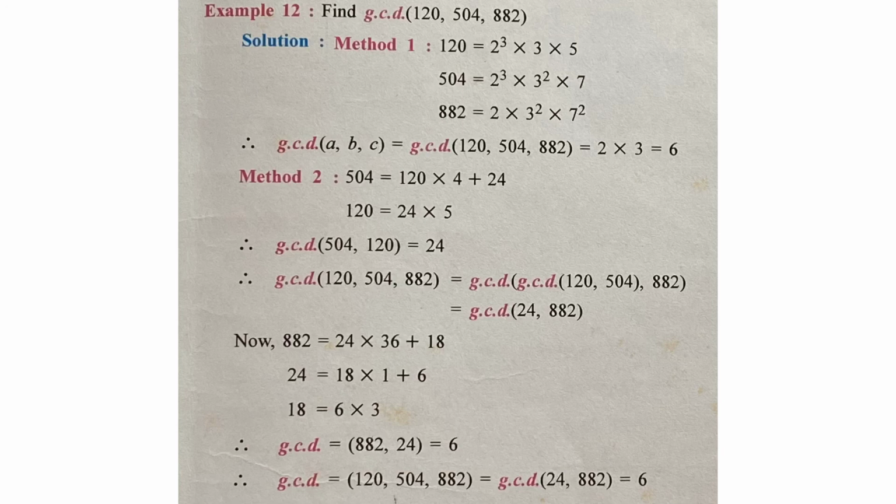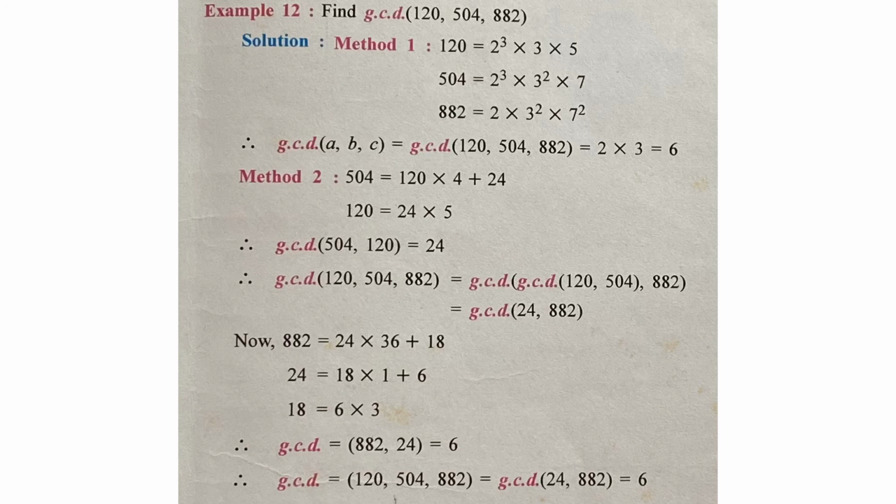Now you have to take this GCD and the number which is left. The number which was left was 882. Now 882, when divided by 24, can be written as 882 is equal to 24 into 36 plus 18. Now you have to divide 24 by 18.